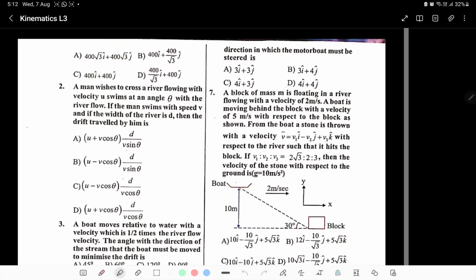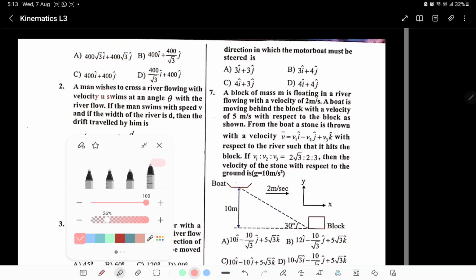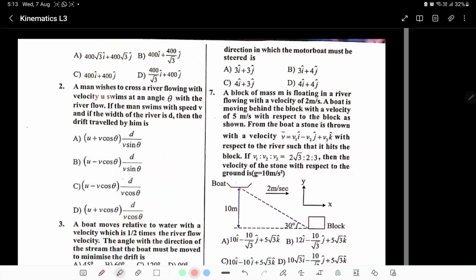Let's see the question again. A man wishes to cross a river flowing at the velocity u. So this is the river velocity. And he was swimming at an angle theta with the river flow.